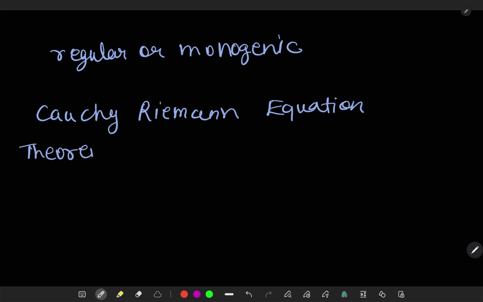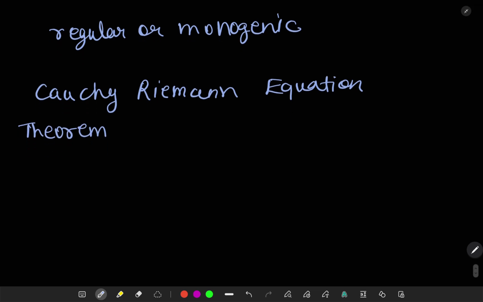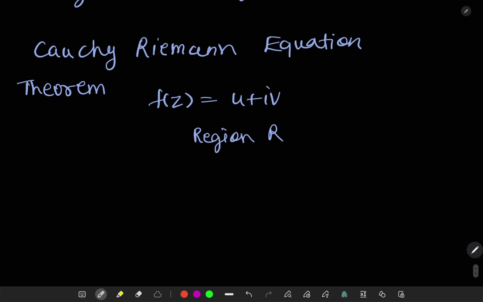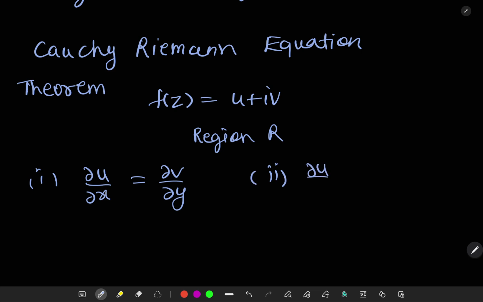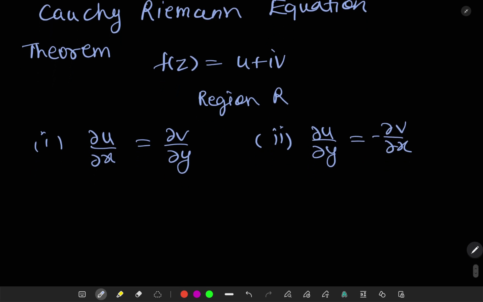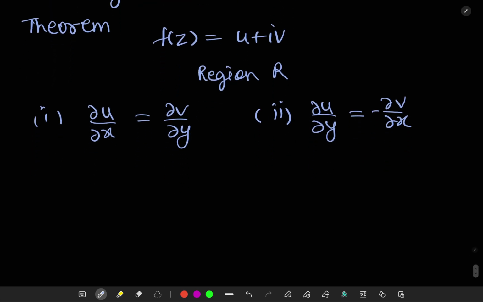Theorem: the necessary condition for a function f(z) equals u plus iota v to be analytic at all points in a region R. First is del u over del x equals del v over del y, and the second condition is del u over del y equals minus del v over del x, provided del u over del x, del u over del y, del v over del x, del v over del y exist.